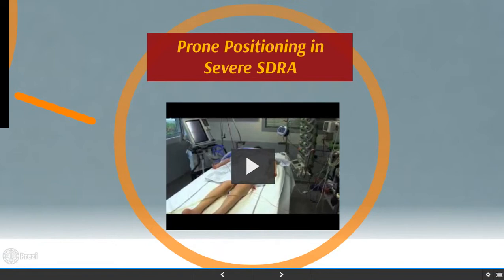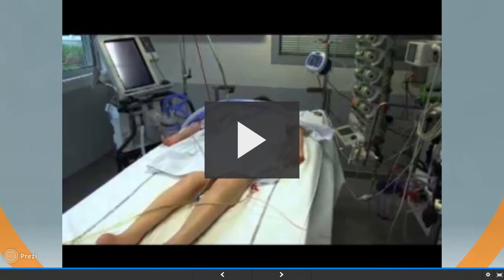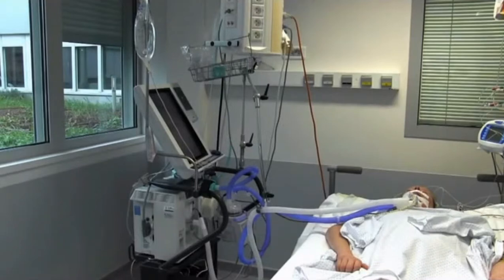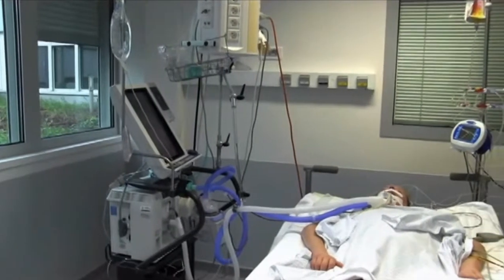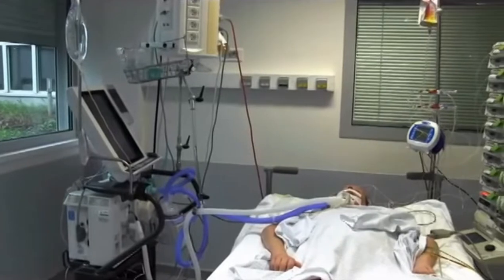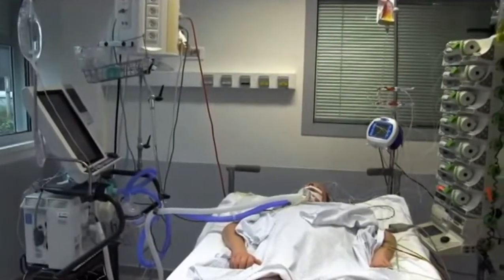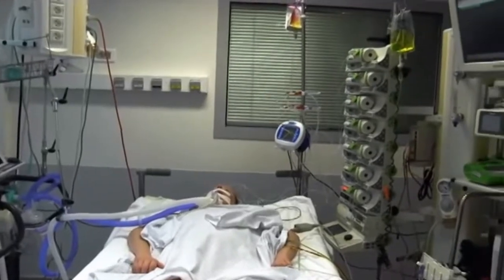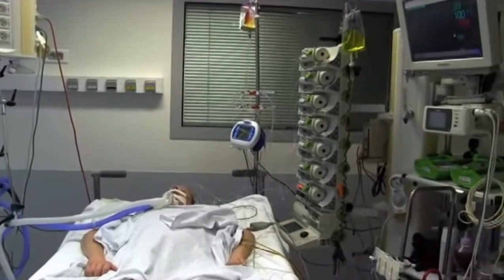Prone positioning in severe ARDS. Proning an ARDS patient receiving invasive mechanical ventilation in the ICU must be done carefully to ensure safety during the procedure. For the procedure to be successful, it is vital to use trained and experienced staff.